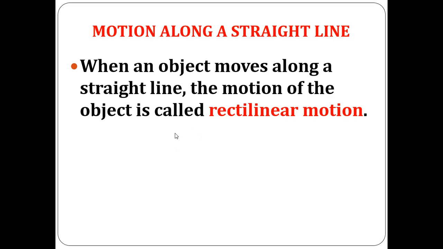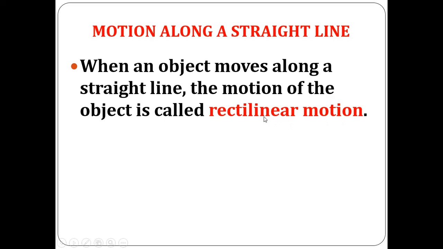Now we will go to see about the motion along a straight line. Okay, now we are going to see about motion along a straight line. So when an object moves along a straight line, the motion of the particular object is called rectilinear motion.